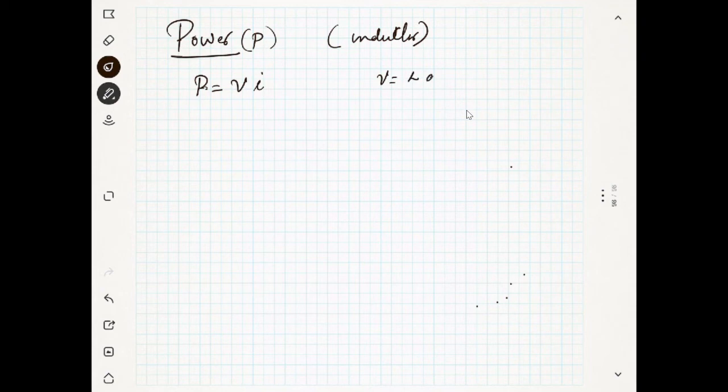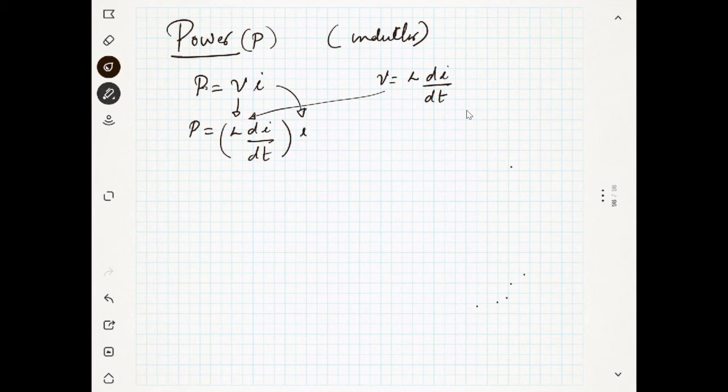And what is the voltage? Voltage is nothing but L into di over dt. So the power is equal to this voltage; I am going to substitute it. That means it is nothing but L into di by dt, and there is an I here.